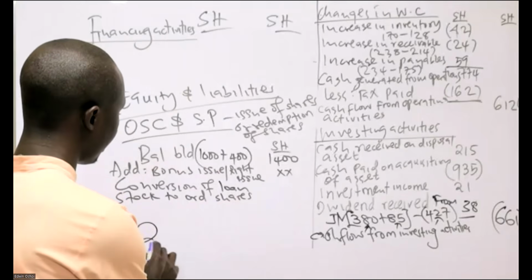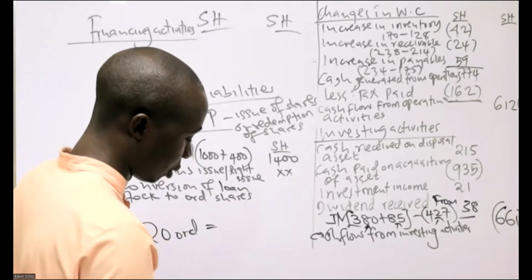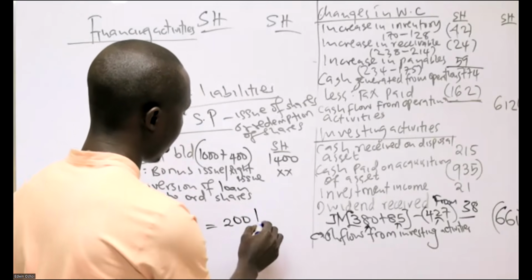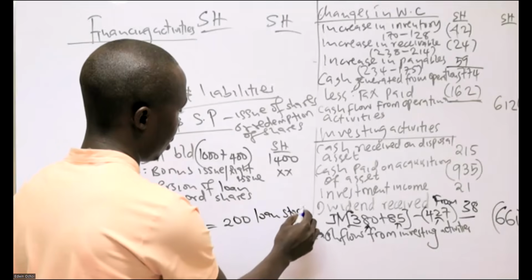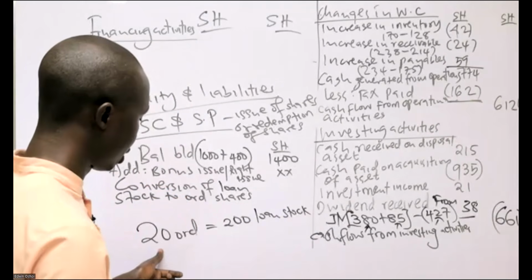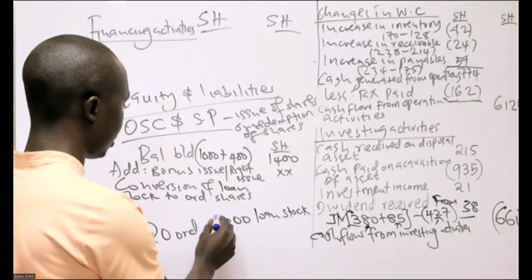So 20 ordinary are converted to 200. So this is the proportion, loan stock. So this is the number of ordinary shares, and this is in shillings.